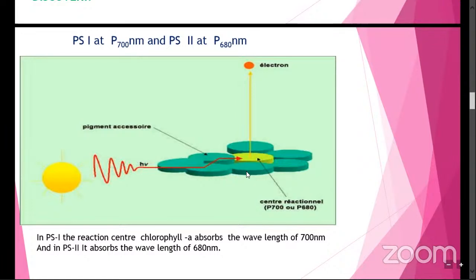And chlorophyll A, by receiving these photons, releases the electrons, which are absorbed by the primary electron acceptor. That was shown here clearly. So in PS1, the reaction center is chlorophyll A, which absorbs 700 nanometers wavelength red light. And PS2 absorbs 680 nanometers wavelength light.